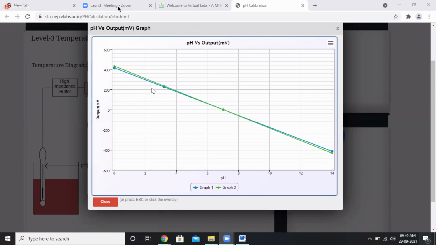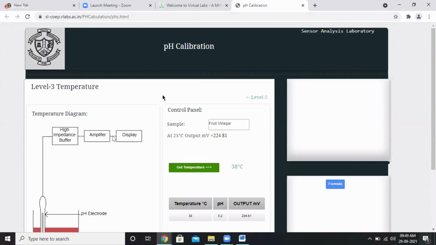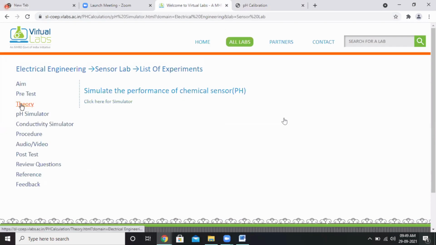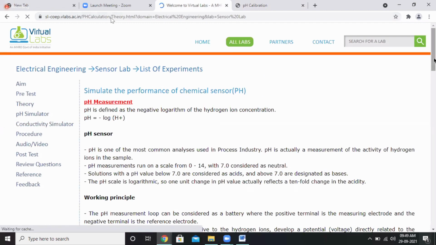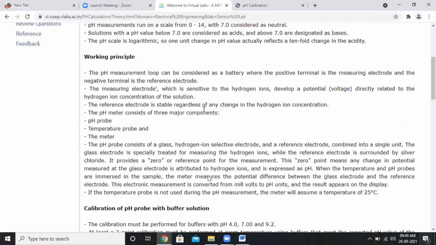Go to theory. So what is the working principle of pH sensor? Sir, in the pH sensor, we have two terminals, one is positive and one is negative.